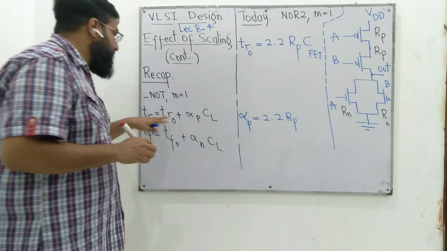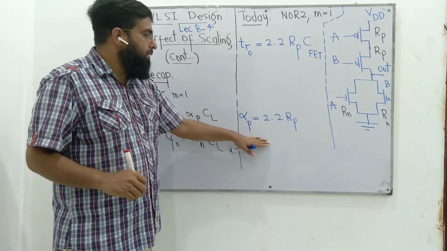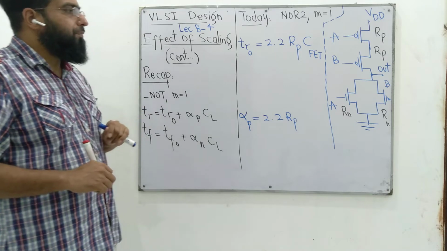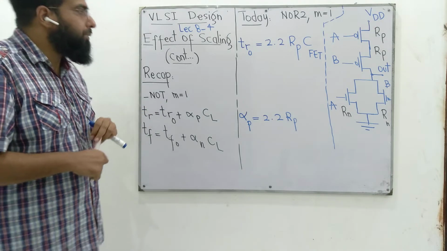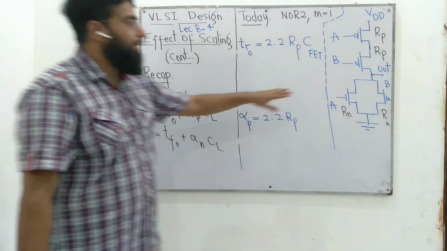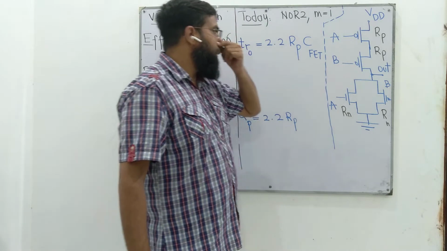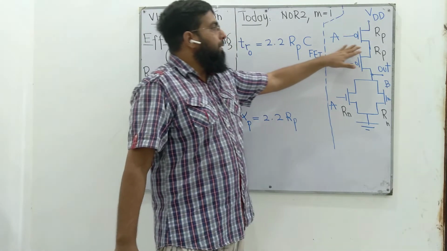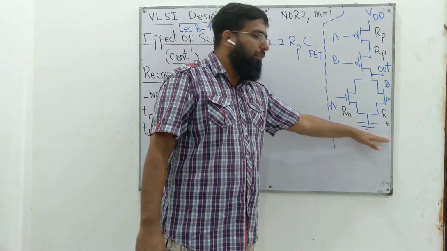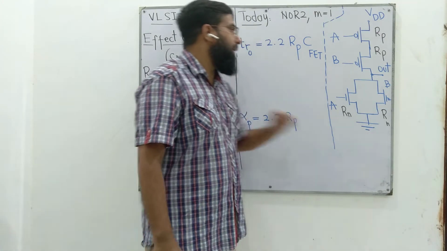So TR0 and alpha P are equal to these two expressions for a standard NOT with M equal to 1. Since we are going to derive rise and fall time delay expressions for this circuit, where we have these two PMOS transistors in series, each has a resistance Rp, whereas the two NMOS transistors are connected in parallel with individual resistance Rn.